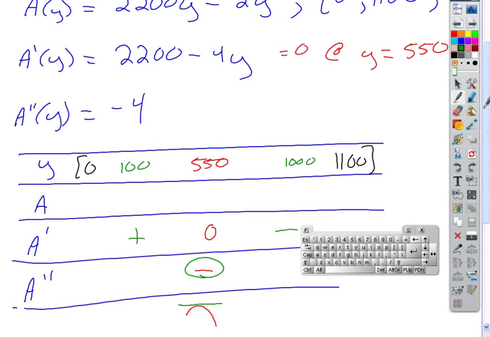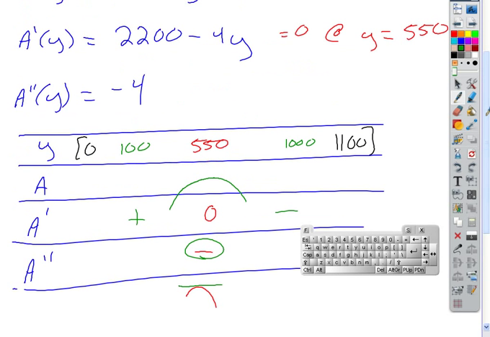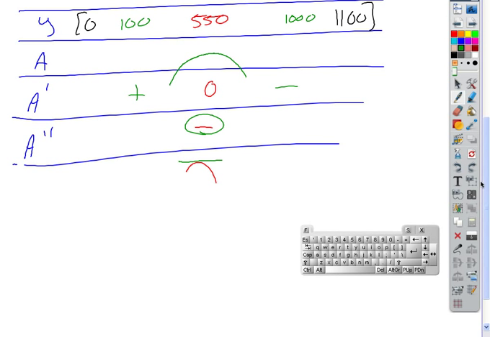If I put in 100, I would have gotten 2200 minus 400, which is very positive. If I put in 1,000, I would have gotten 2200 minus 4,000, which is very negative. That would have told me it's increasing, then horizontal tangent, then decreasing, so it's a maximum. But if you can calculate a very simple second derivative like this, why not do that and test 1 point instead of 2?